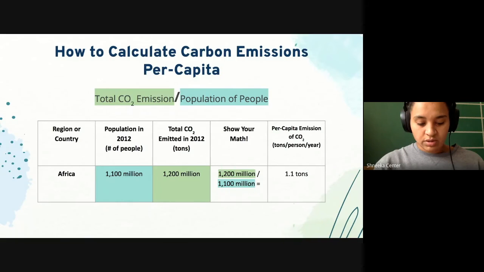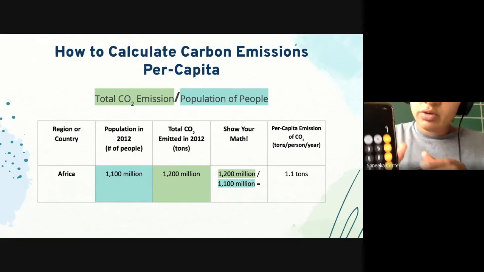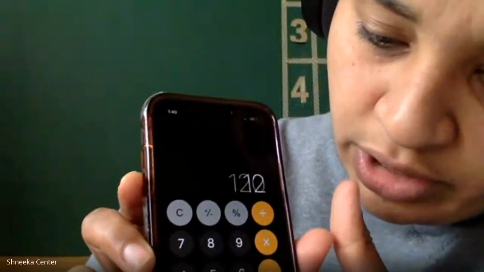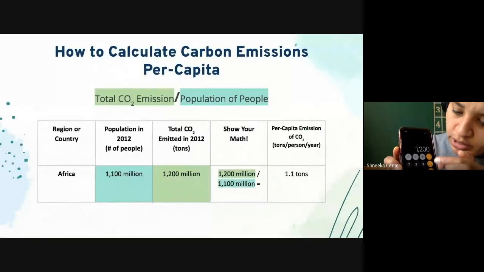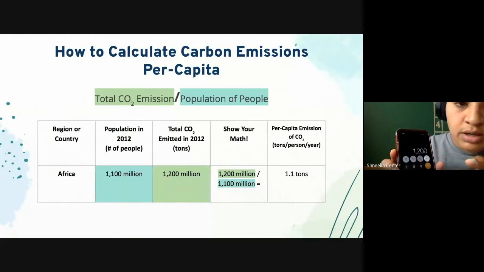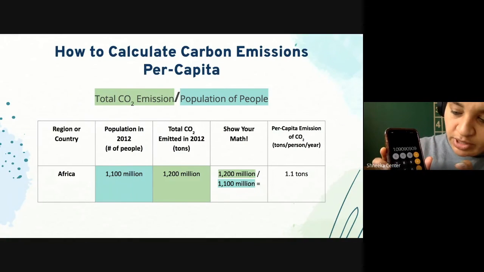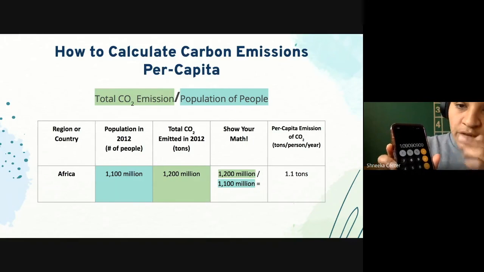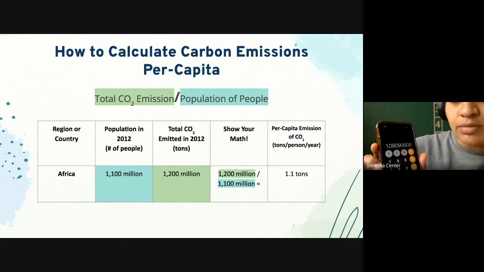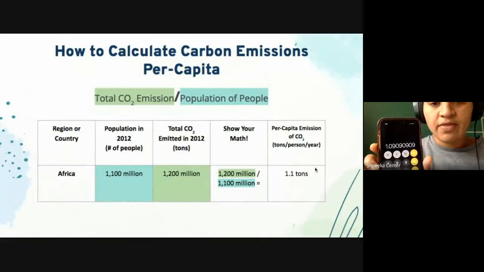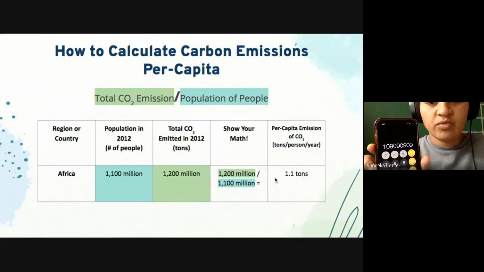So 1,200, which is the total CO2 emission, divided by the number of people, the population, which is 1,100, and then I'm going to press equal. Then I get my answer, which is 1.090 and so on. I'm going to round up, and that's how I got my answer of 1.1 tons.